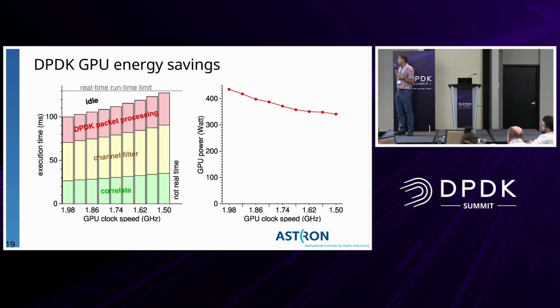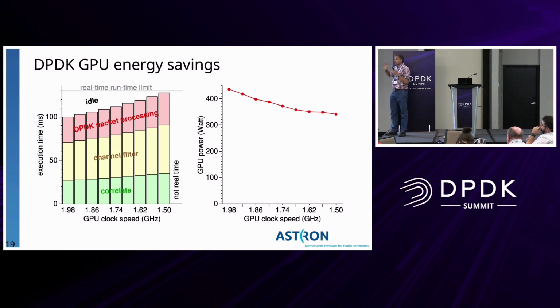And that consumes energy. So what we can do is reduce the GPU clock speed to reduce the energy consumption, because high clock speeds mean much higher energy use. And we could go all the way from 1.98 to 1.50 gigahertz.